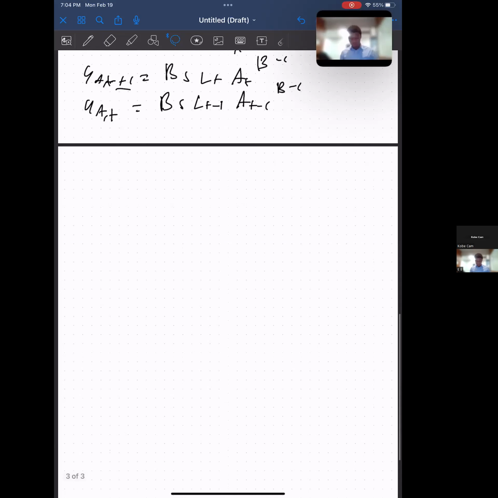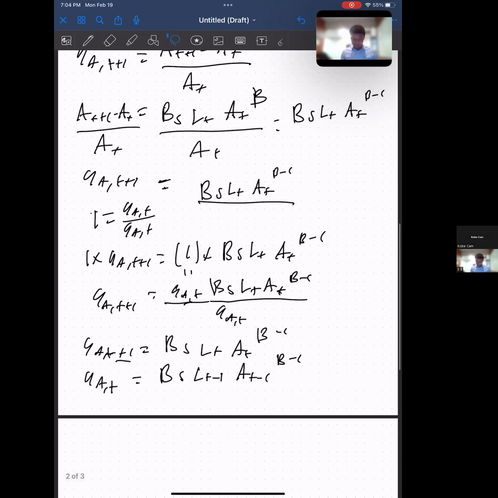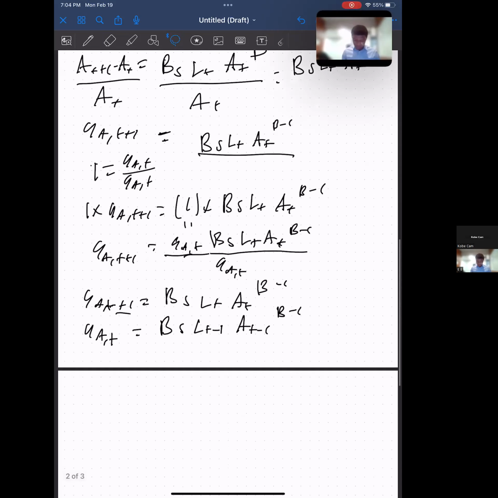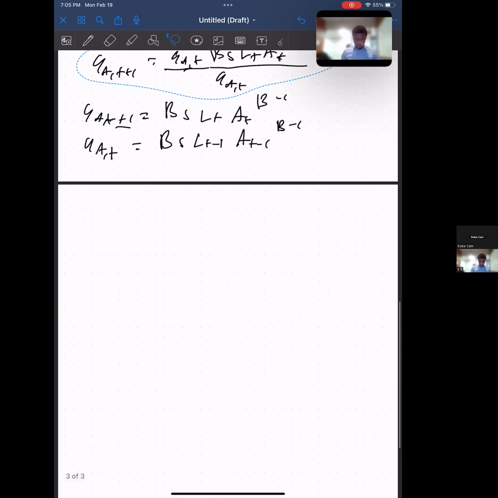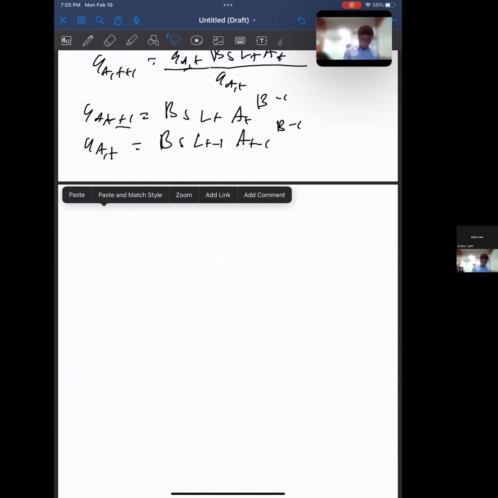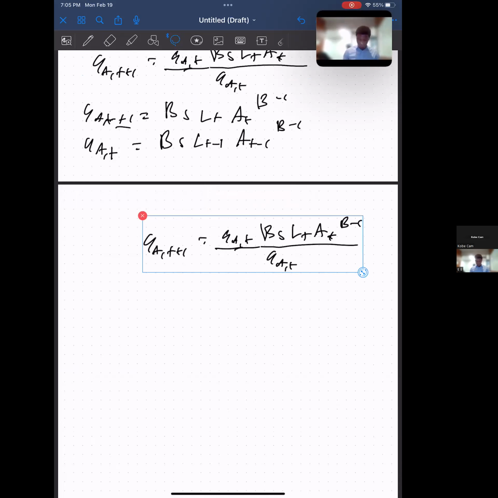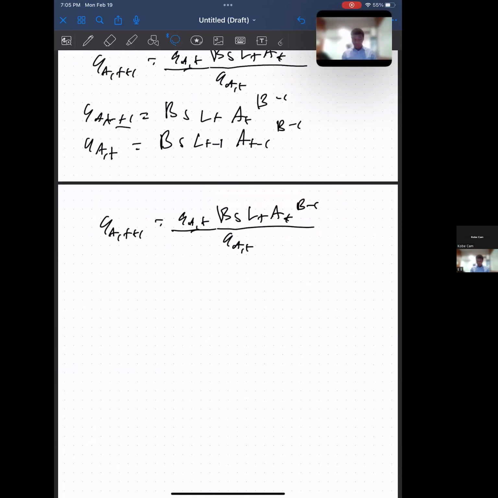Luckily, if we take our equation that we've just derived, we can copy this. If this is true, we can substitute our equation for GAT that we found right here in for this GAT.